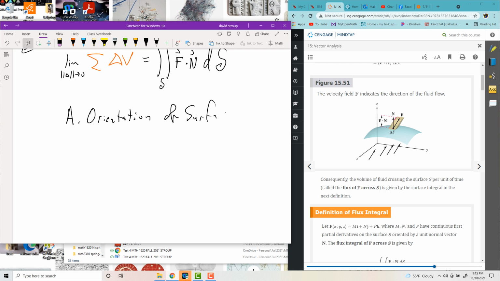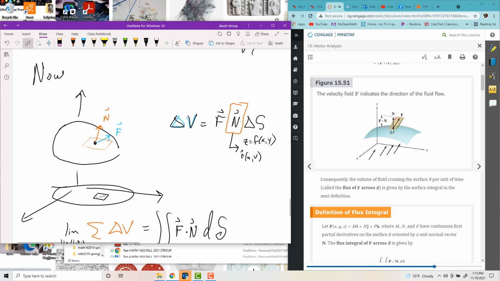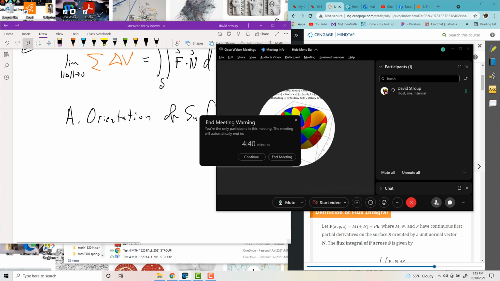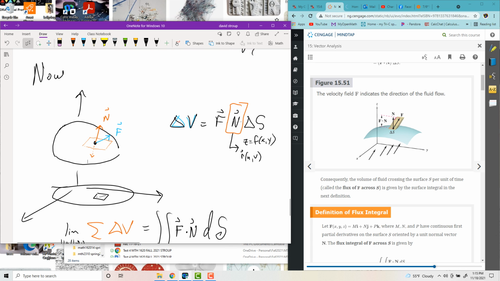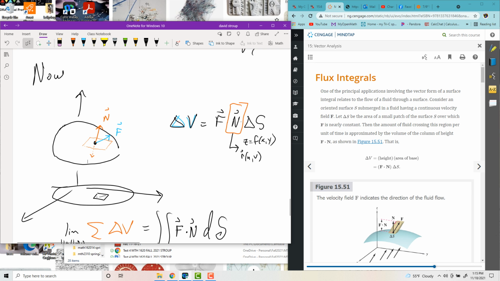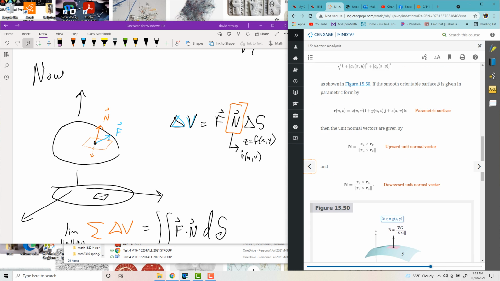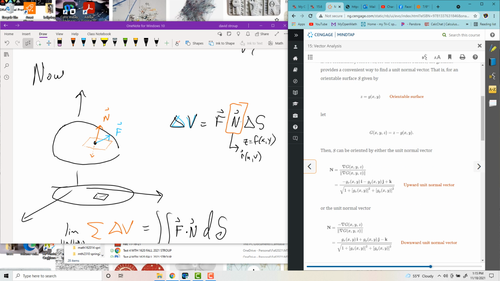What we mean by orientation is we could put these normal vectors on the top of the surface, like we have here, but if you think about inside of the surface, there's going to be a normal vector pointing down, right? So we have to pick which one we want, and therefore we're going to have two formulas. In the homework, you're always going to be using the outward pointing normal vector, so it won't be too painful for us, but there are a lot of formulas to deal with.